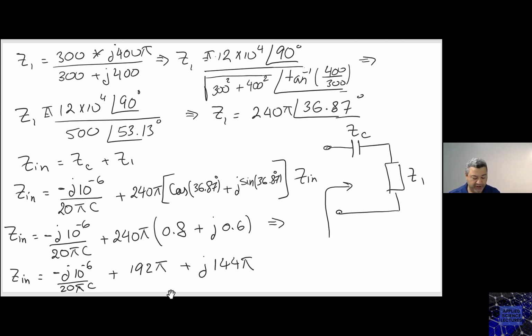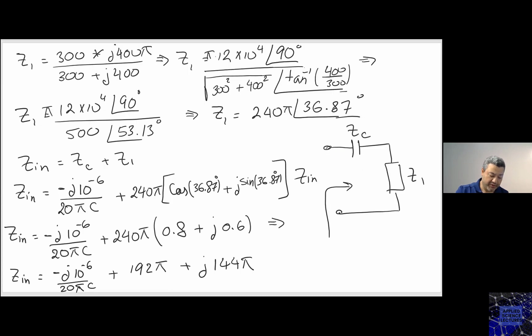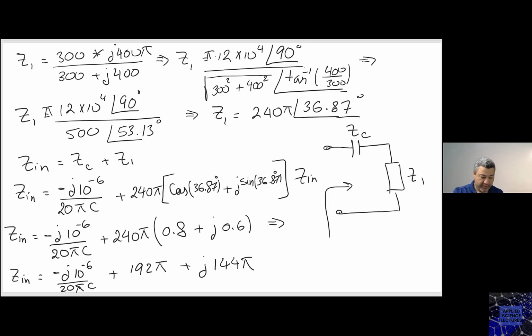So now the question is asking, what is the value of the capacitor if the input impedance is pure resistive? What does this mean? This means that the reactive part would be 0.